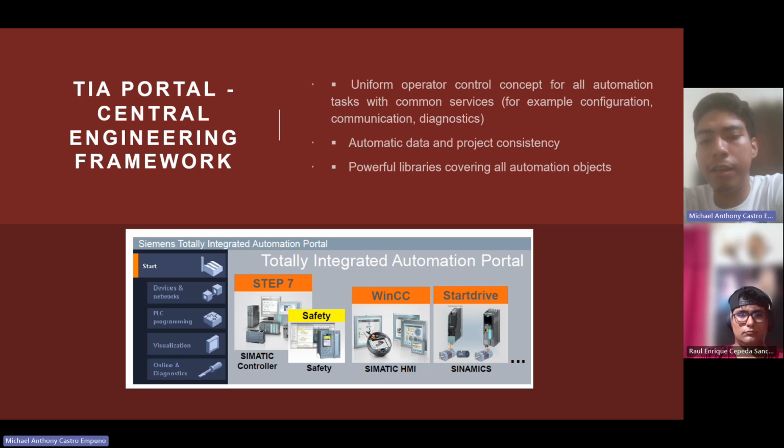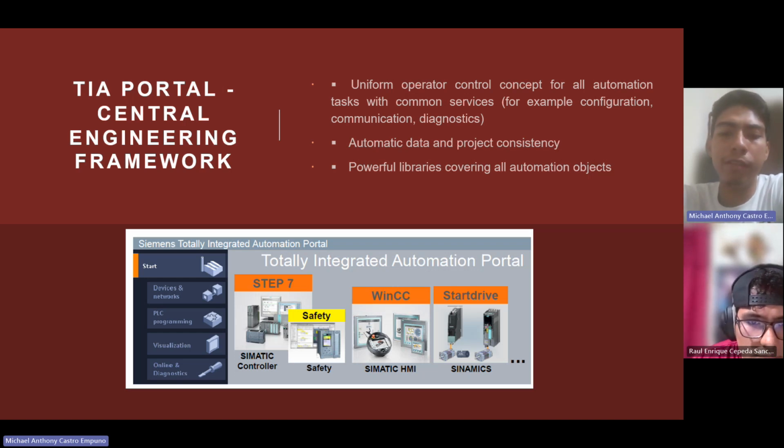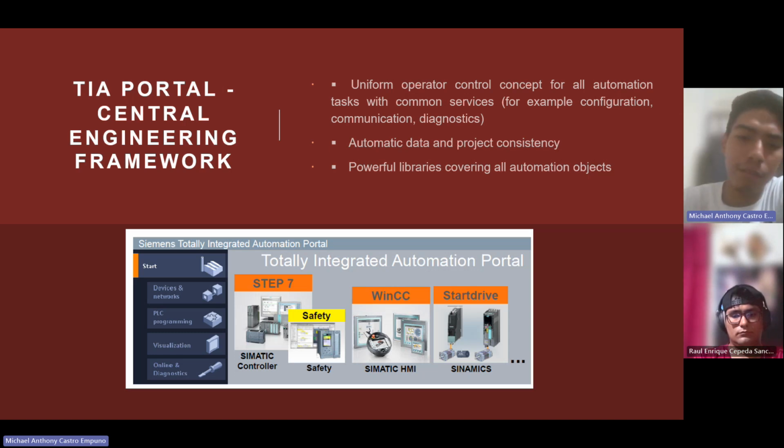The scope of the product: the Totally Integrated Automation Portal consists of a working environment for integrated engineering, which are STEP 7 and WinCC. It is a central engineering framework with automation data, a uniform control concept for automation tasks, and powerful libraries covering automation objects.